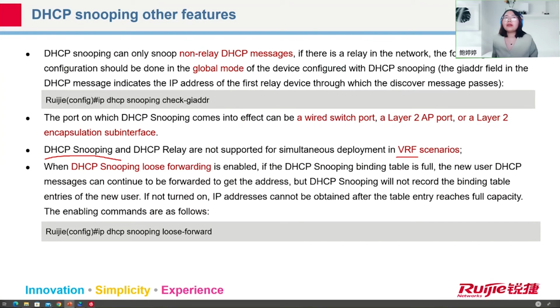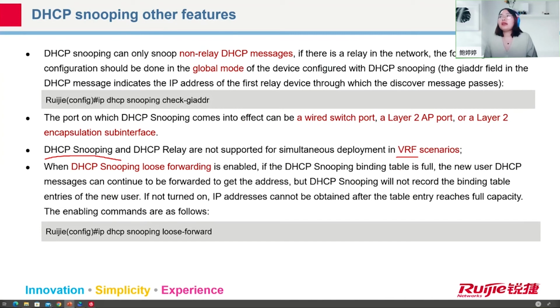And another very important one is DHCP snooping loose forwarding. We said if you enable DHCP snooping on your switch, it will build a DHCP snooping table, right? When you forward the message, I will check the table: whether the source MAC address and the client MAC address are the same.